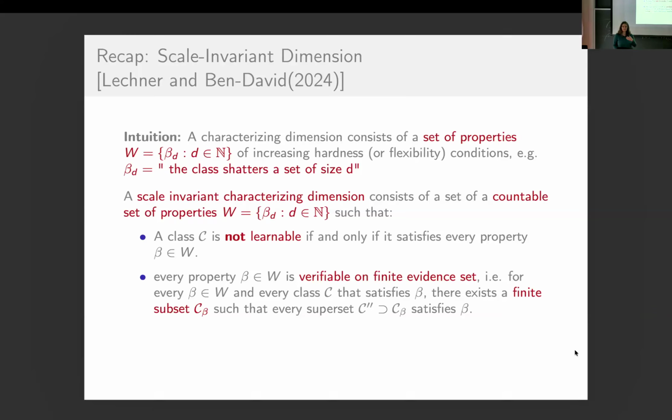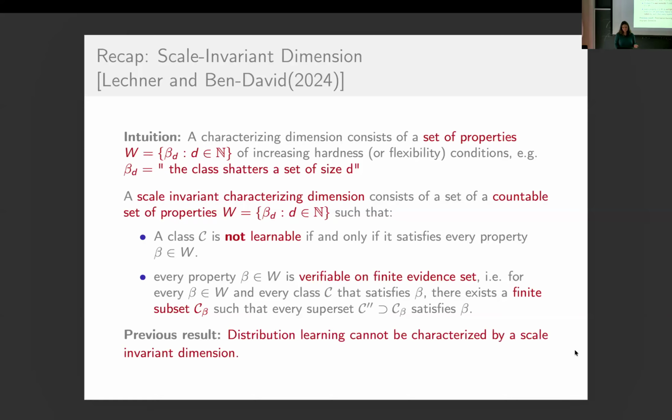And this is, for example, also the case for shattering. You only need a finite number of functions in order to show that a set of a certain size is shattered, for example, VC shattered. So these two conditions are satisfied by all the things that claim to be dimensions that we were aware of.